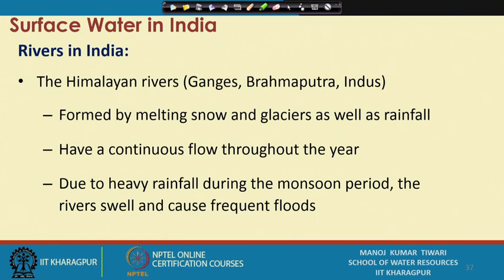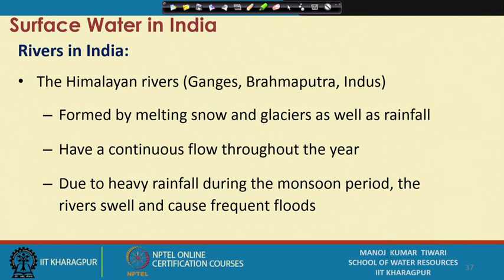So, the overall contribution of water in these rivers is from the snow melts and then the rainfall coming from the catchment area of the river itself. They have a continuous flow throughout the year.